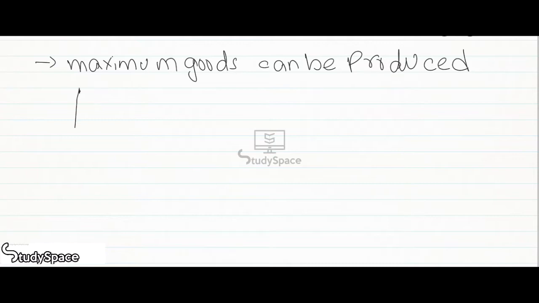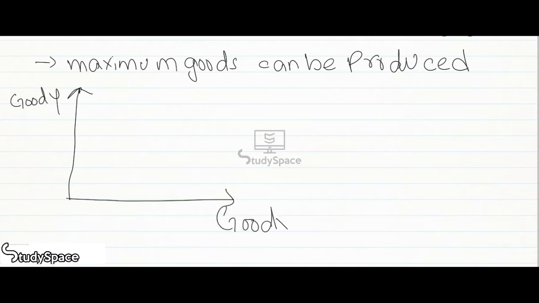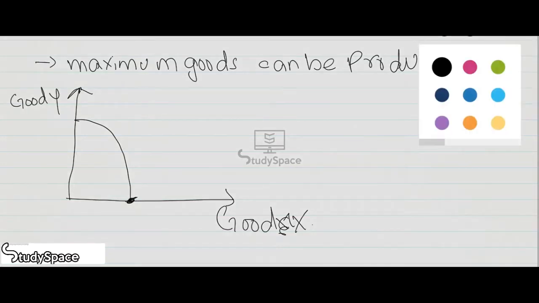Now if I talk about the graph, I know I make a really bad graph. Let's say I have two goods, good Y and good X. This is basically the production possibility curve. Let me write it with another color.